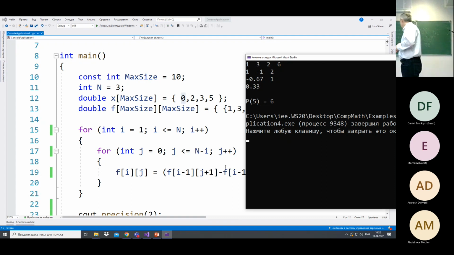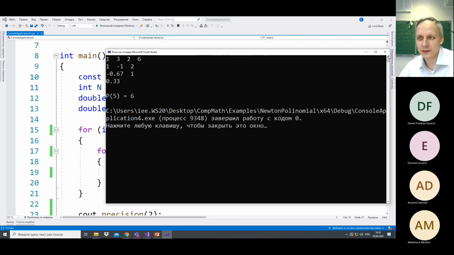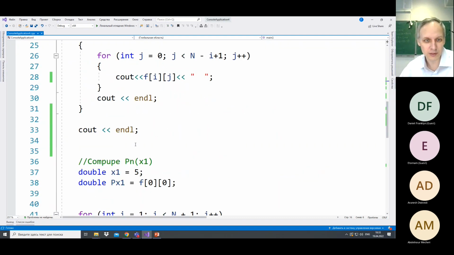It will be 8/3. But we compute these values in our heads. How to compute it in the program?